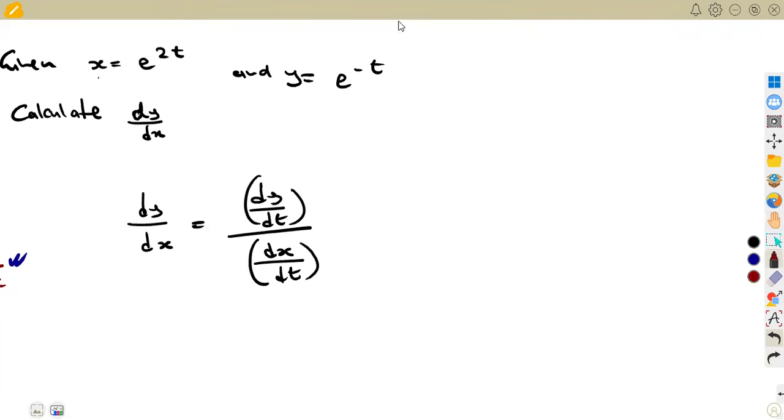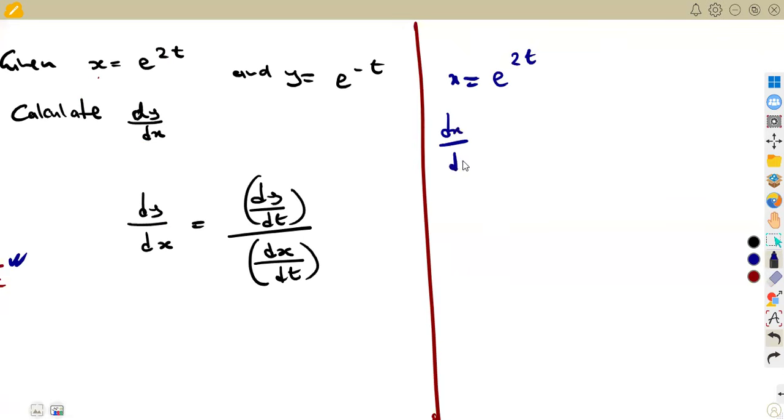From our x, remember, here we've got a condition, or we have our x being equal to e to the exponent of 2t. So what is the derivative of x with respect to t? The e stays as it is, e to the exponent of 2t, times the derivative of this function of t, which is going to be 2.